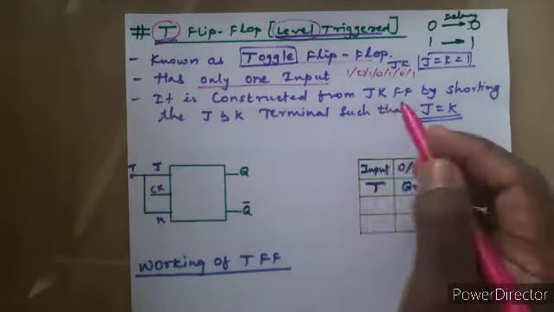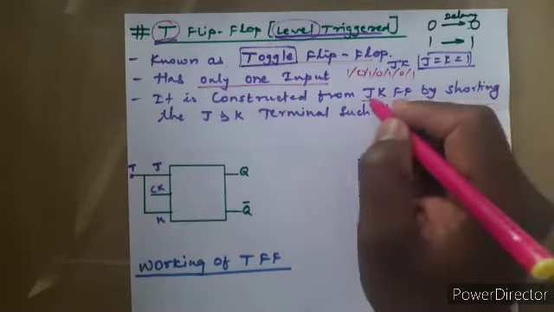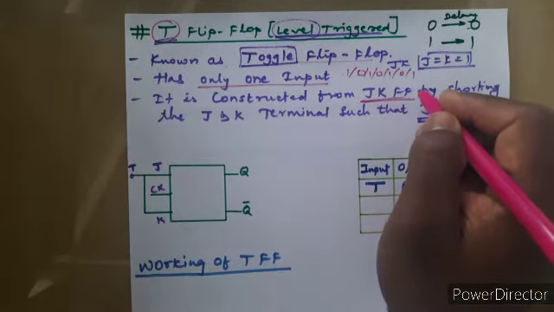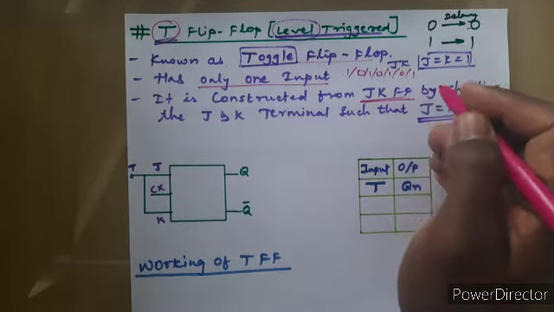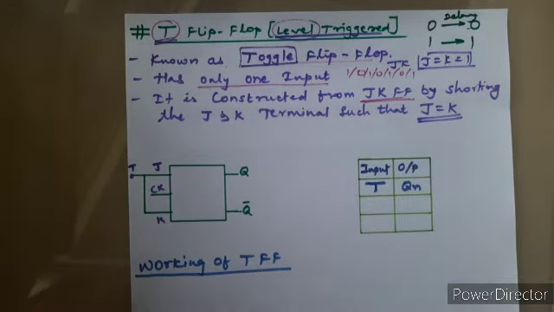Now it is constructed from the JK flip-flop, only from the JK flip-flop. If you recall, for a D flip-flop we can use both JK as well as SR flip-flop. But the T flip-flop is constructed only by using the JK flip-flop.